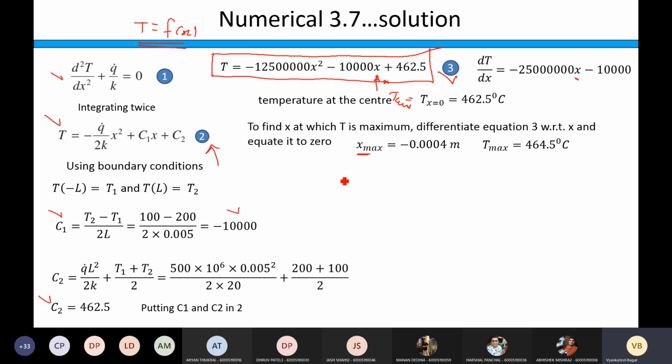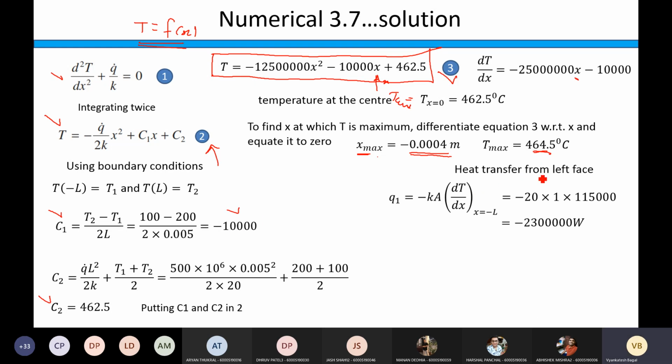That value of X, at which the temperature becomes T max, turns out to be minus 0.0004 meter. This minus sign indicates it is on the left hand side of the center line. If I put this value here, T will be replaced by T max, and this temperature turns out to be 464.5 degrees.